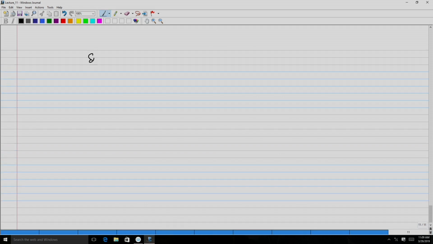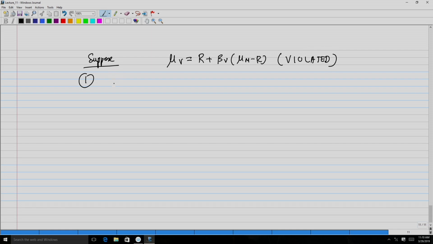So, let us just look at two cases to illustrate this point. First of all, suppose that this disturbance has caused mu equal to r plus beta v into mu m minus r to be violated. So, then let us look at the two possibilities. First, mu v is greater than r plus beta v into mu m minus r.